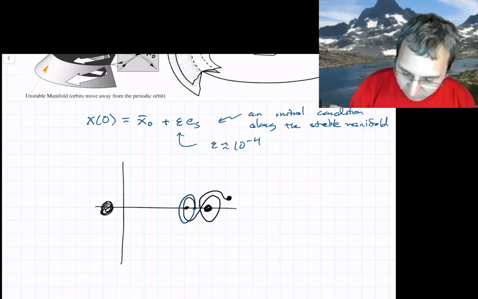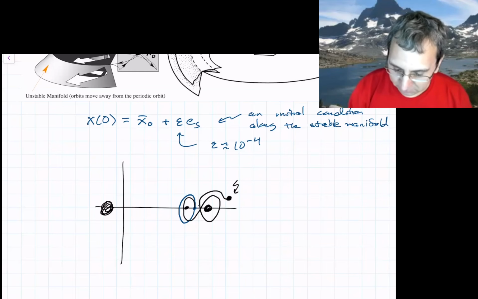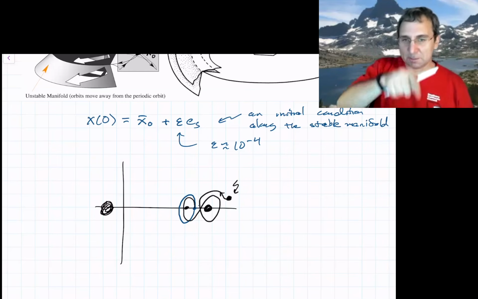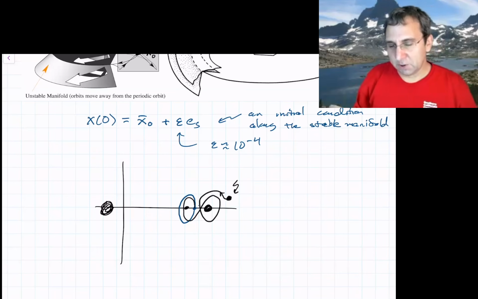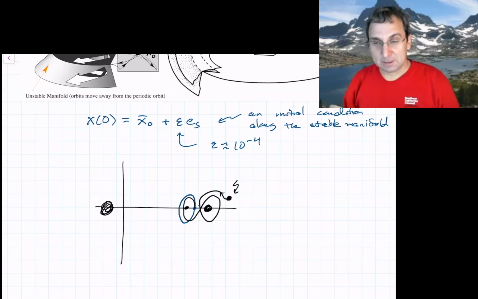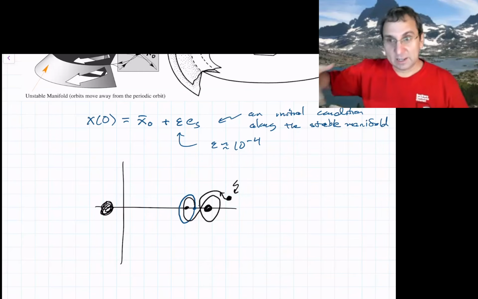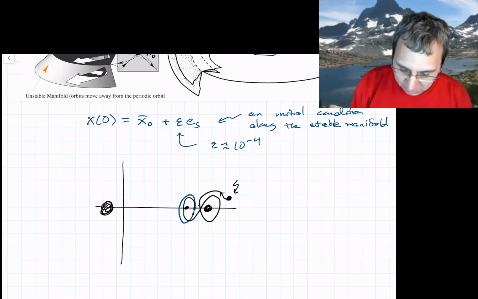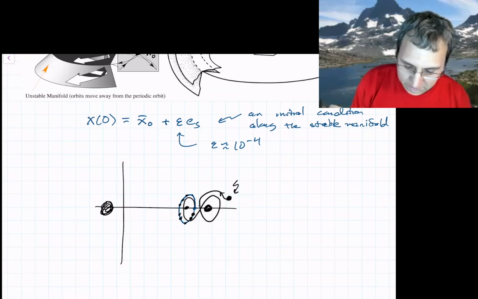And if we were to now start from there and go forward, we would have something that's asymptotically approaching this periodic orbit. This is just one part of the stable manifold, one trajectory on it. There's a whole continuum. You can get that whole continuum by just looking at different initial conditions along the periodic orbit and doing the same procedure.